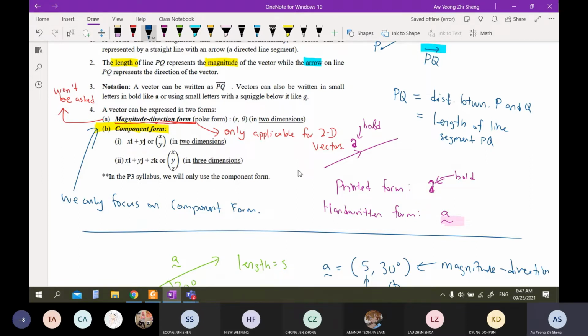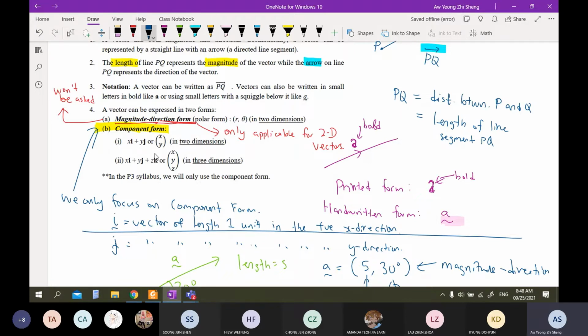The vector i is a vector of length 1 unit in the positive x direction, and j is a vector of length 1 unit in the positive y direction. I believe we have all seen this before. It still carries the same meaning, just like what you learned in SPM or IGCSE.